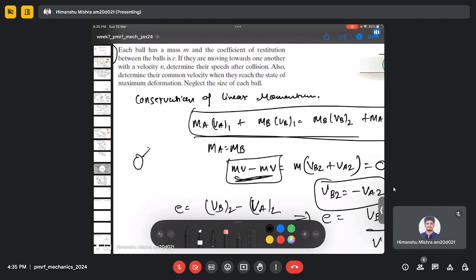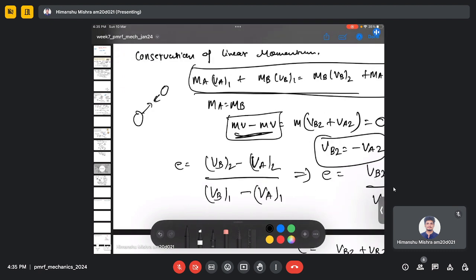Instead, all the momentum is used to deform the bodies, and we found that the velocity of the deformed bodies is 0, which means they quickly come to rest after they collide with each other.